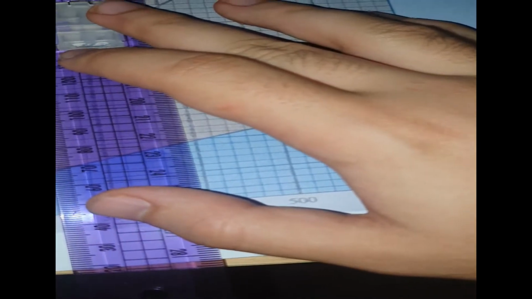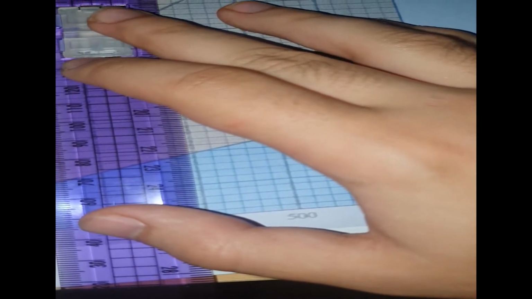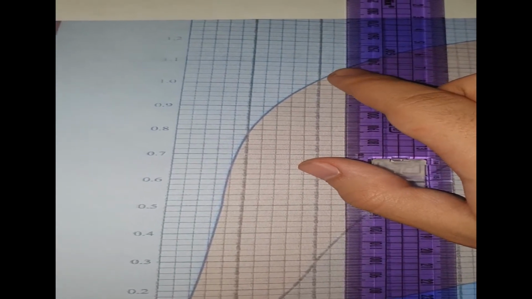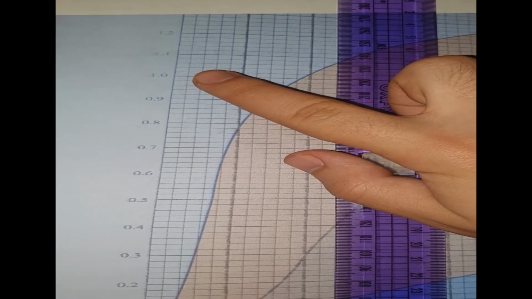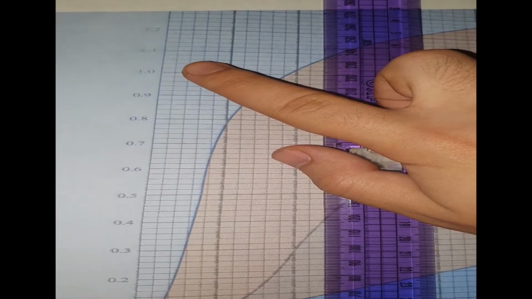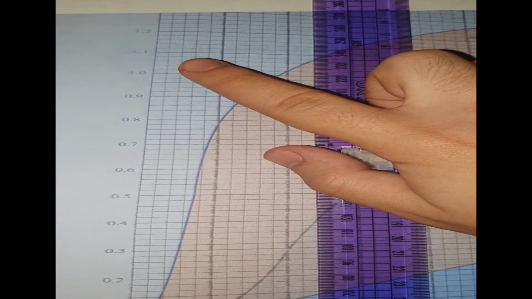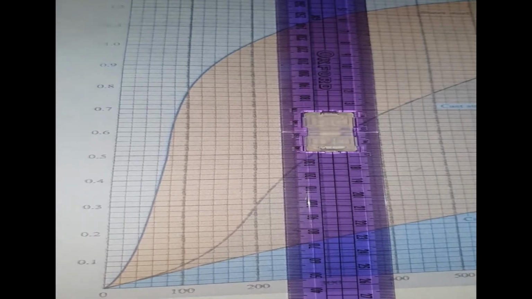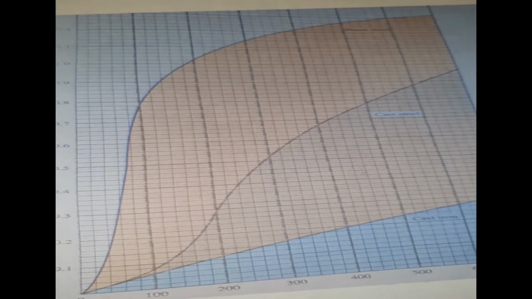So there you go, 240. Need to make sure it's aligned. There you go, it's aligned as well, and it stops at this point here, and that will be 1.02, 1.04, 1.06. I think it's 1.08. So the answer will be around 1.08.